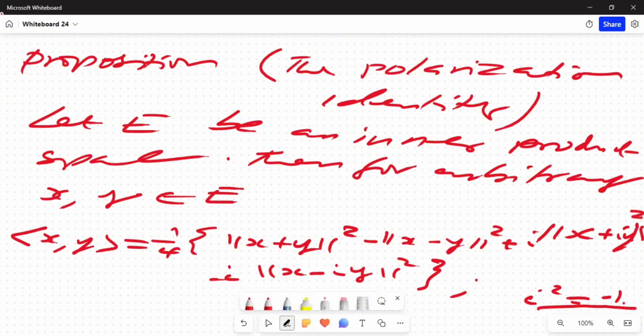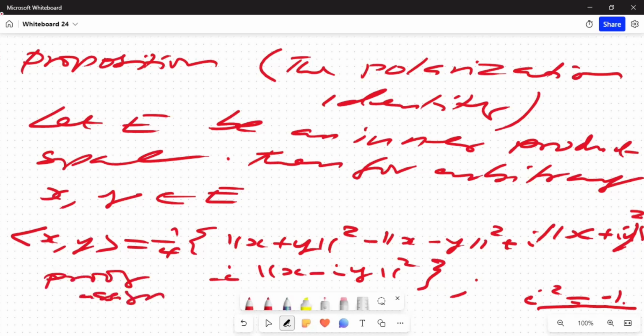And of course, in the parallelogram law, we started from the left to show the right. But this one, you start from the right. Just expand this the way we use the inner product to expand all this. Collect all like terms. You discover that you're only left with the inner product of x comma y. So just do that. Prove. I give it to you as an assignment.